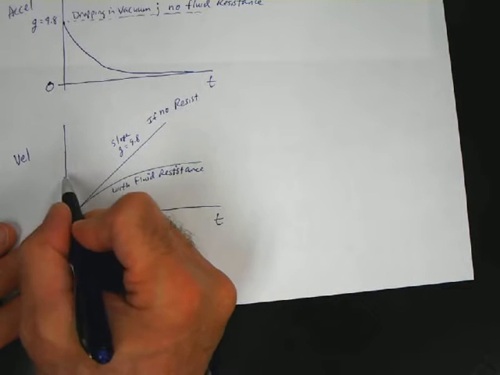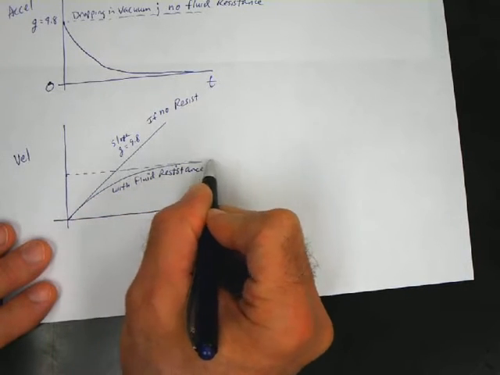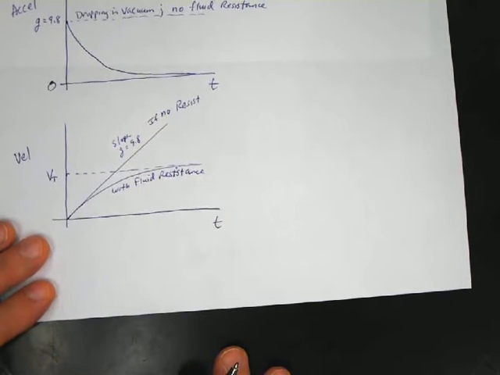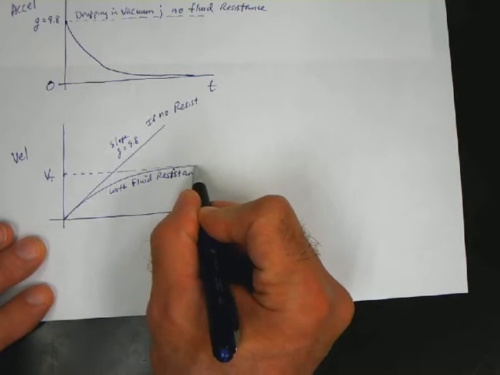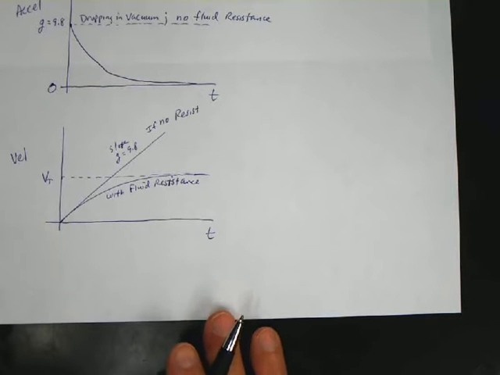And guess what the asymptote is? Terminal velocity. I'll put Vt there. See what I mean? I'm not sure if that's really an asymptote. I'm guessing it is, but it just seems to me that it actually reaches it. And usually an asymptote is something that is not ever reached in real life.